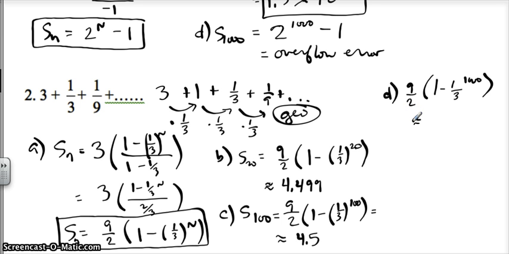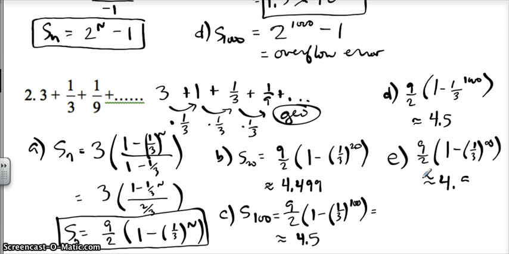We will get about the same thing, 4.5. Well, look at that, 4.499, 4.5, 4.5. It's only safe to assume that if we go all the way to infinity, 1 minus 1/3 to the infinity power, we will end up getting about 4.5.